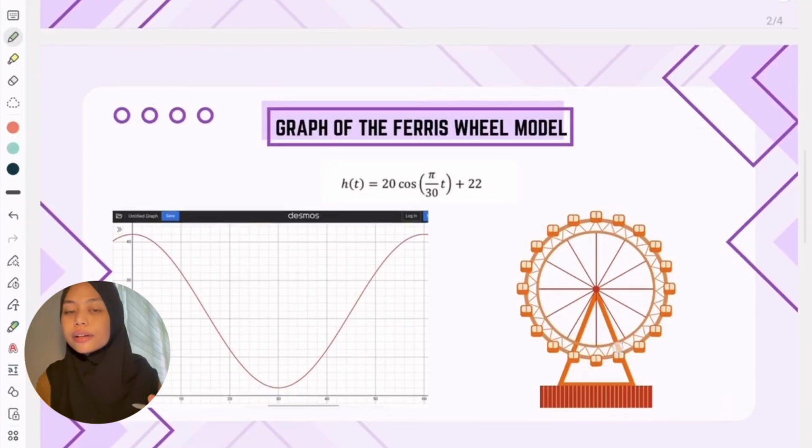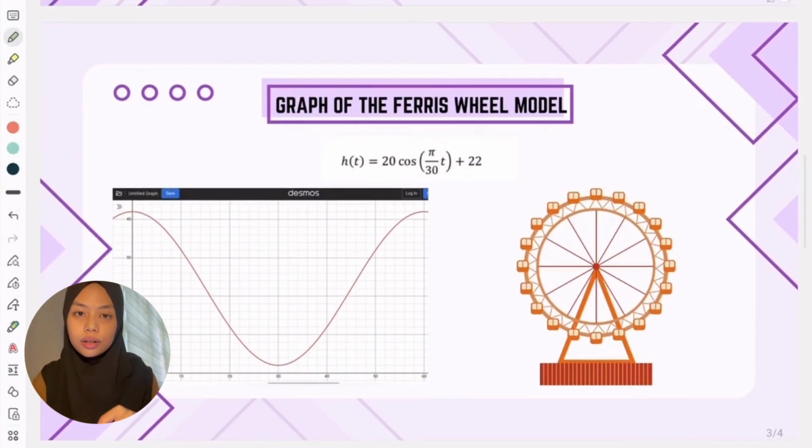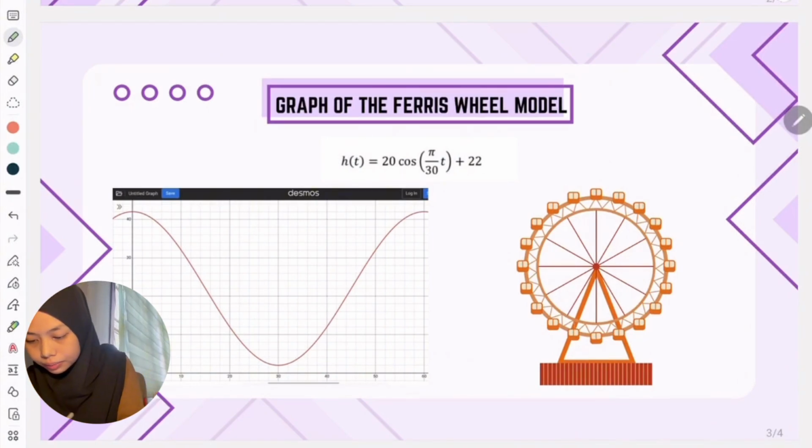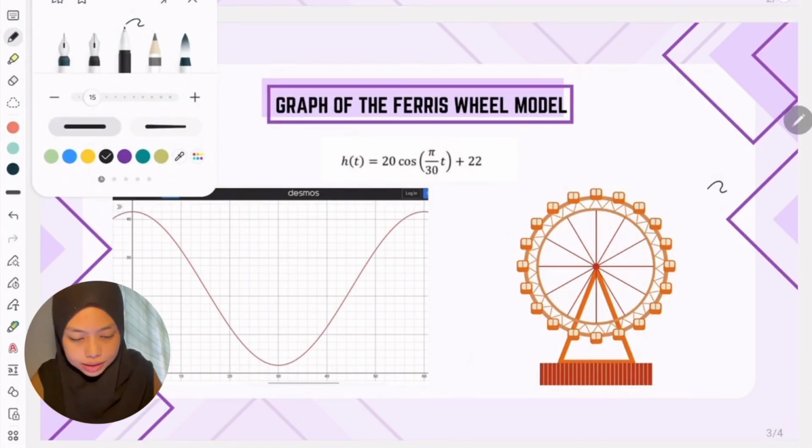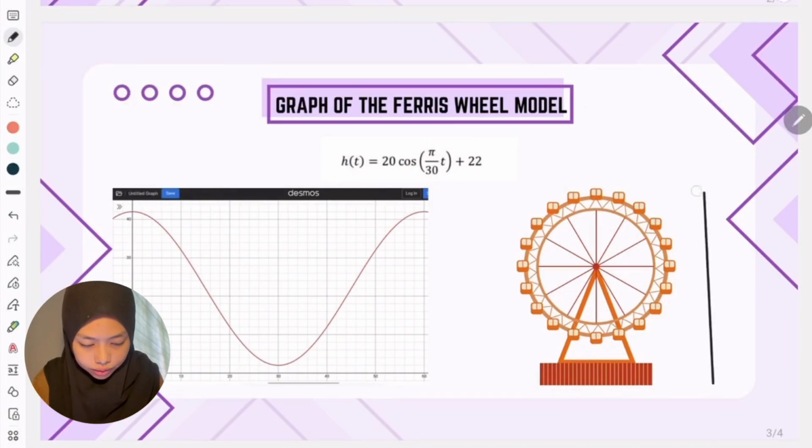Now, what is the relation between this cosine graph and the Ferris wheels model? Let's look at it. From the graph, we could see that it is in a positive manner. So what is the relationship with the Ferris wheels? As you can see, the height for the Ferris wheels at the top is 42.